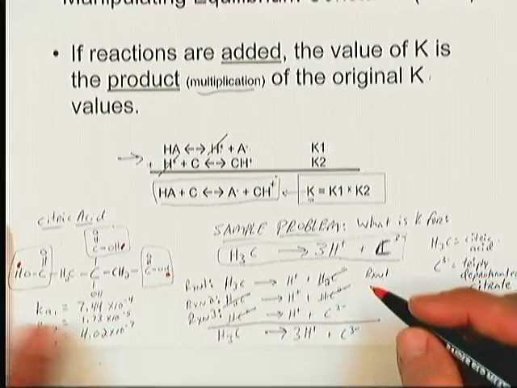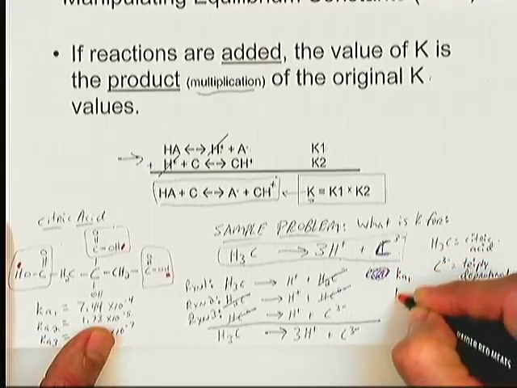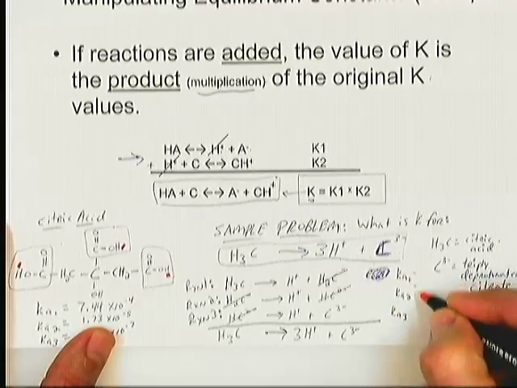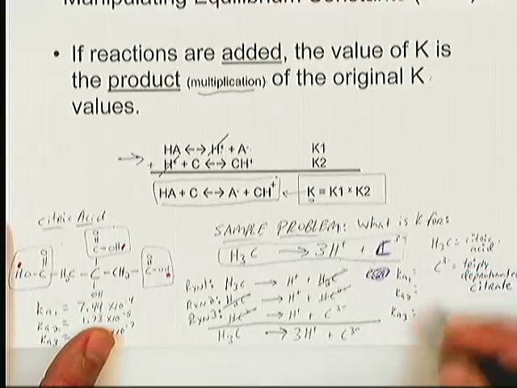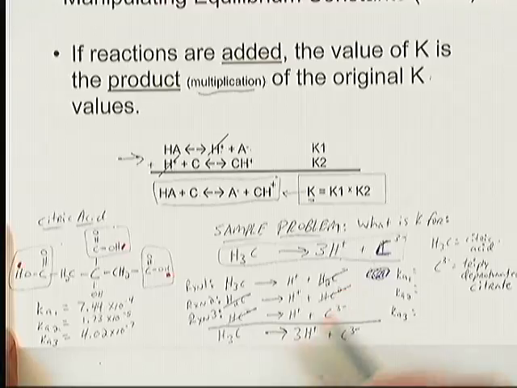The beautiful thing is that, as I've already mentioned, I know the equilibrium constants for these 3 reactions because they were given to me in the problem. I've recognized each of these reactions as the K expressions for Ka1, Ka2, and Ka3.